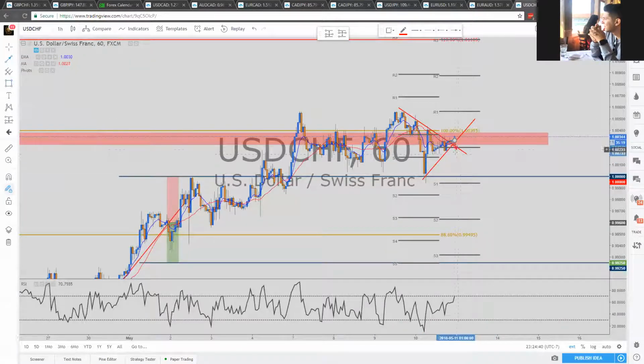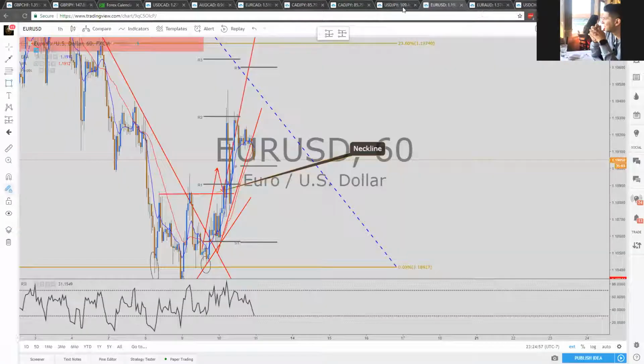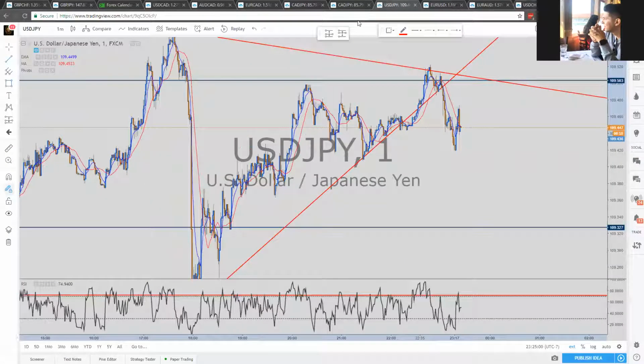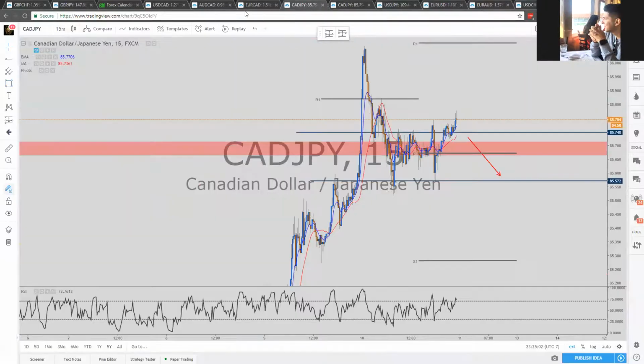So probably below this pivot point here, getting in for that sell on USDCHF, and then catching it all the way to this 1.000, which is resistance and support. Let's look at all these different pairs.